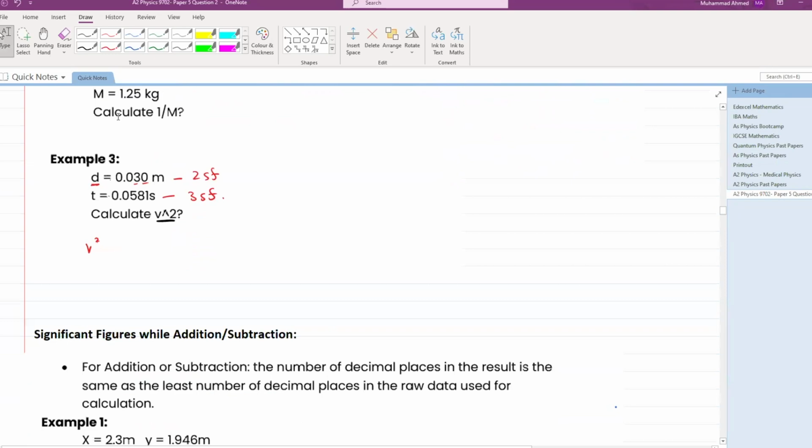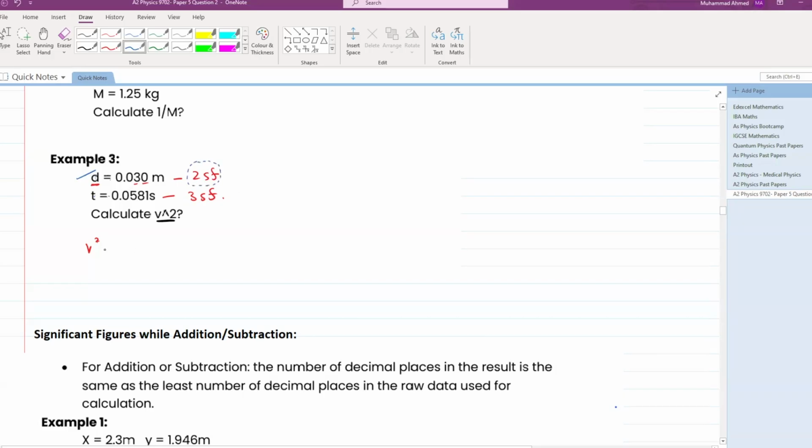Now, this is a point that I want your undivided attention. Out of D and T, which one has the least number of significant figures? Obviously D. It has 2 significant figures.